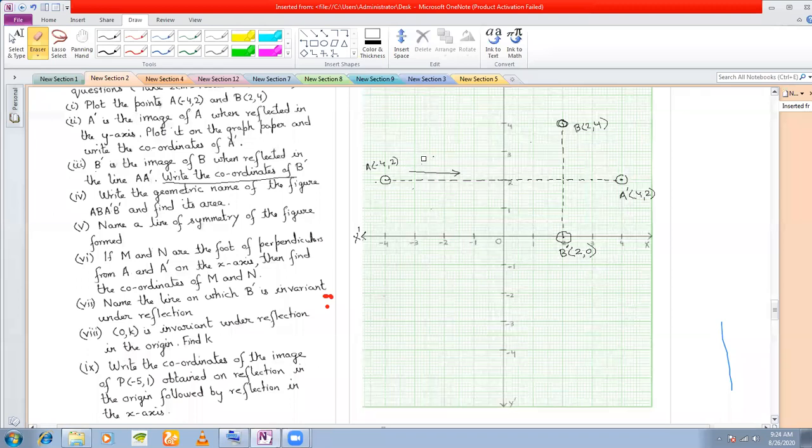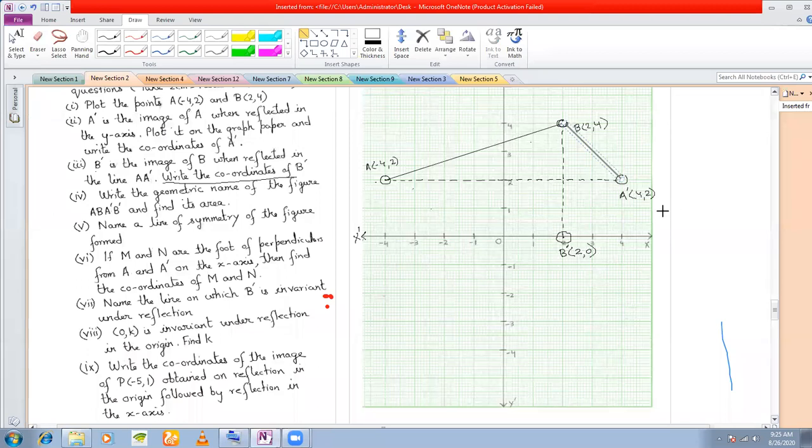Fine, so now you join these points. Let's join AB first, with the help of a scale. Next, A B dashed, A dash, that means this.